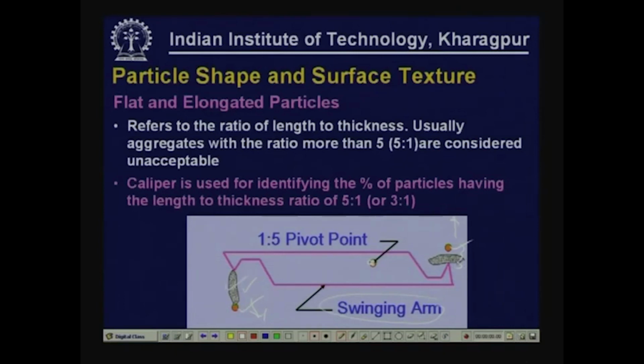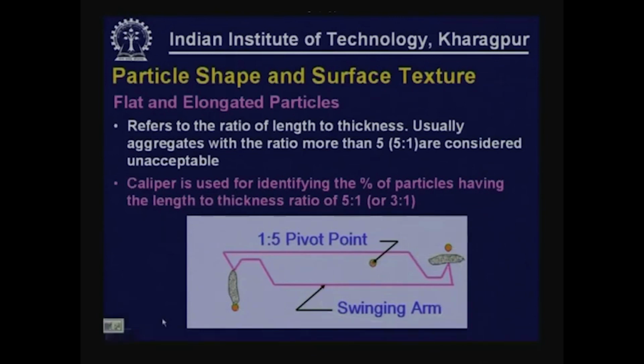So, if you try to pass this aggregate through this opening here, if it passes, it means that its length to thickness ratio is more than 5. So, we can identify the percentage of aggregates that pass through this slot and then represent that as the percentage of flat and elongated particles.